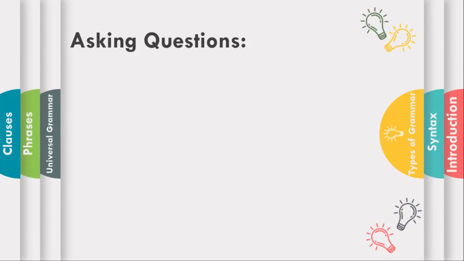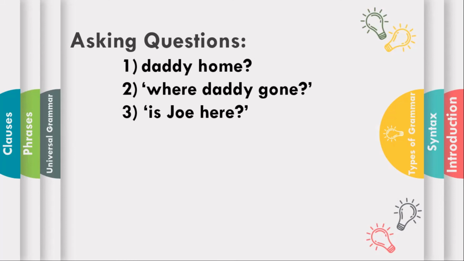So in the same stage, children tend to ask more questions. Research suggests that this happens in 3 stages. The first stage, or the first year, relies on intonation in the two-word stage. Example, "Daddy home?" with the rising tone.